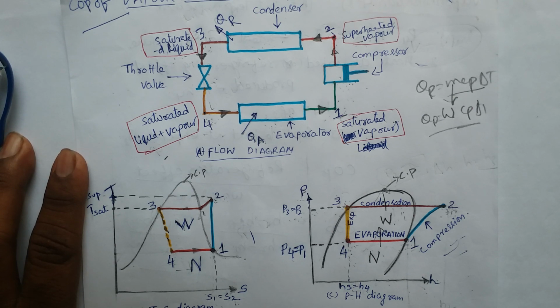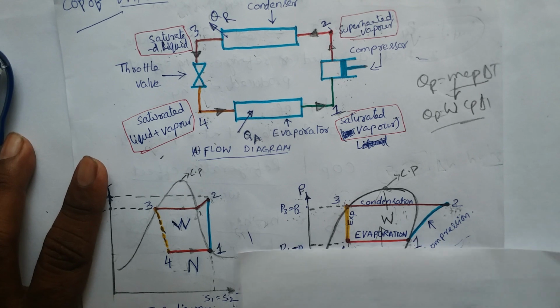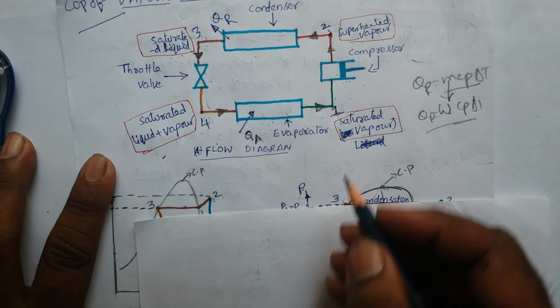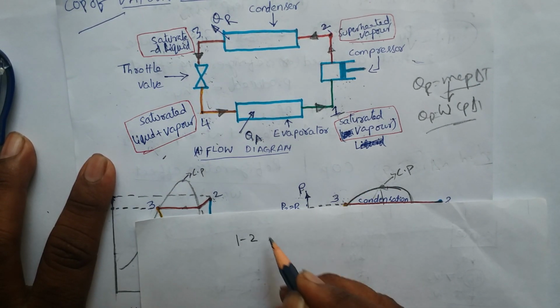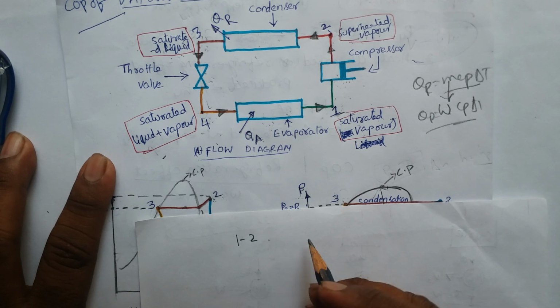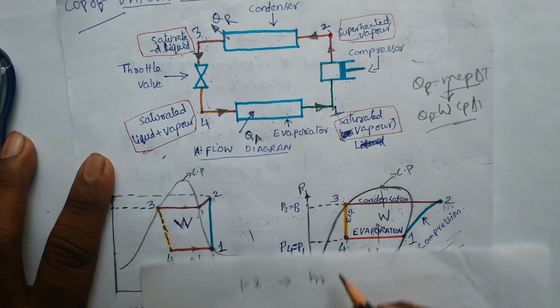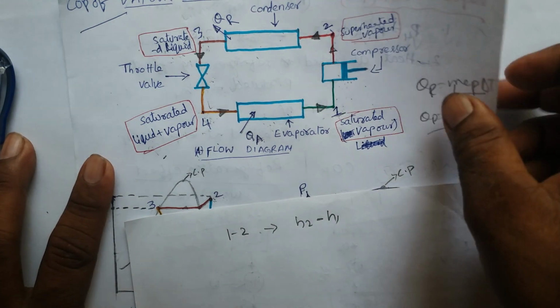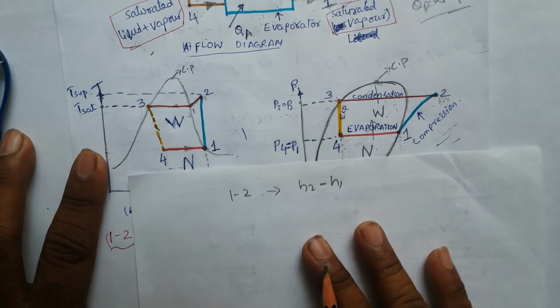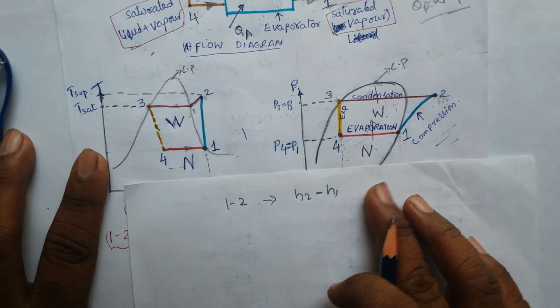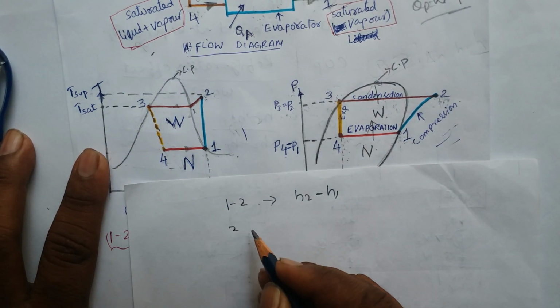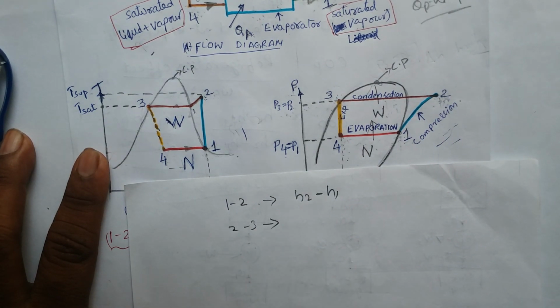Then 1 to 2 is an isentropic process. Here we get the work H2 minus H1. Next, the 2 to 3 process is the condensation process.